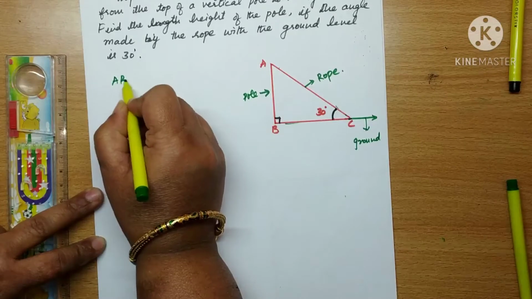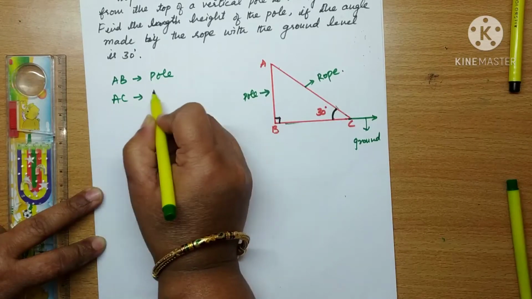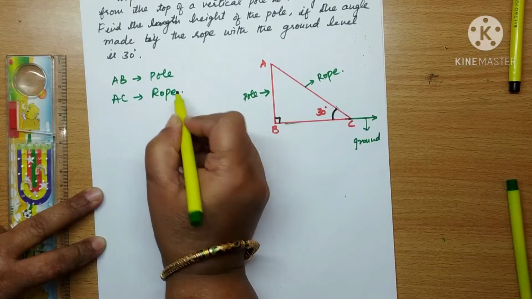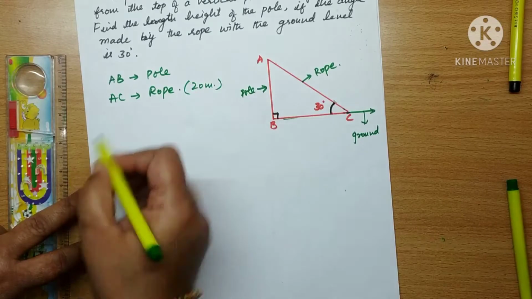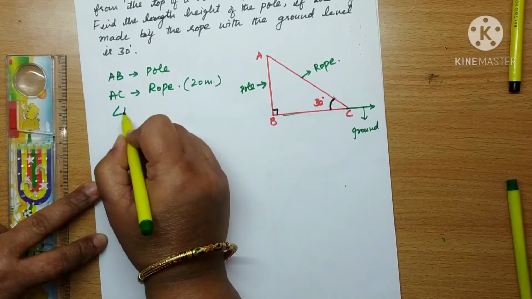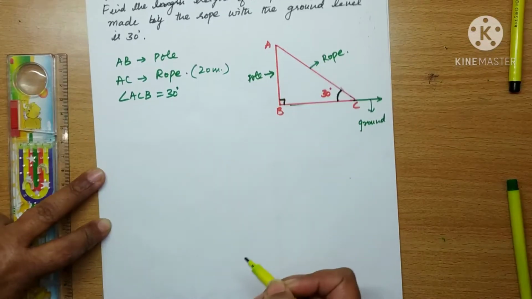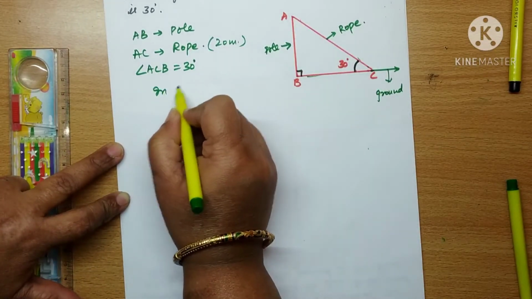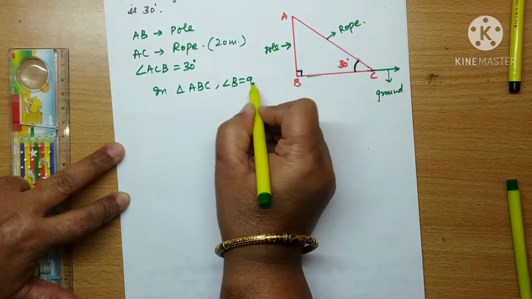So I have AB is my pole, AC is rope which is 20 meter long, then angle ACB is 30 degrees. We need to find AB. So in triangle ABC, angle B is 90.